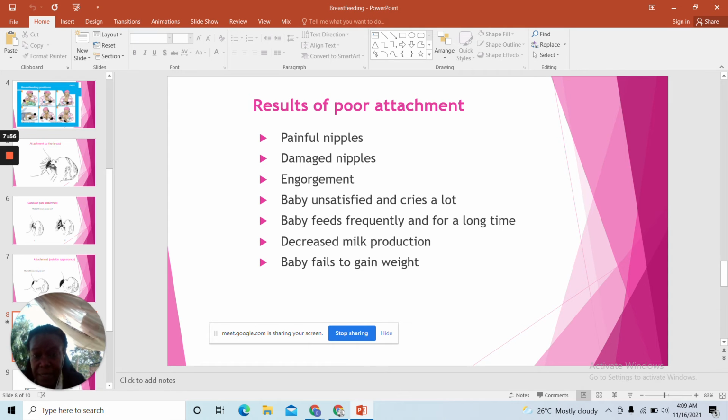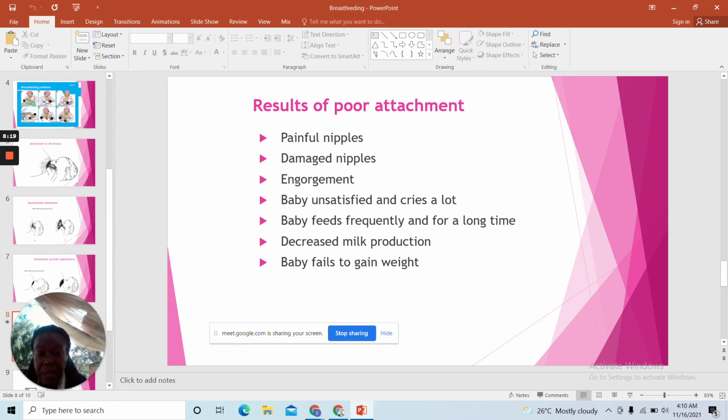So some of the results, like I've said, the mother can feel some pain. Some of the results that we might experience because of poor attachment are painful nipples, damaged nipples, and breast engorgement. Here the breast is full of milk because you think the baby is suckling, but the milk is not flowing properly, so it is retained in the breast and the breast becomes engorged.